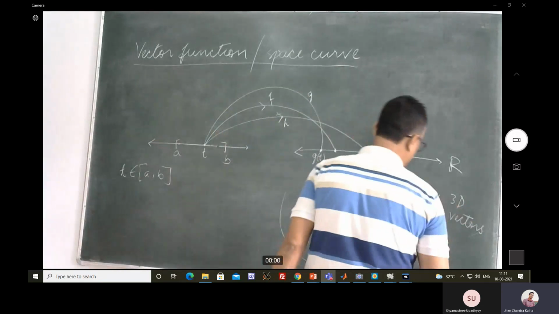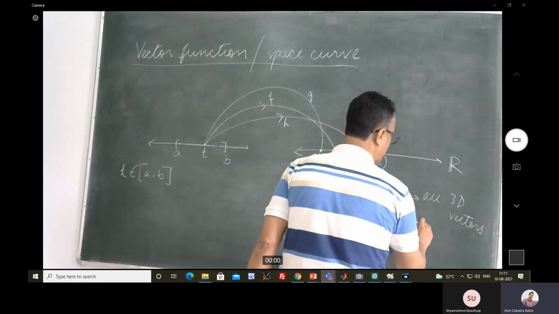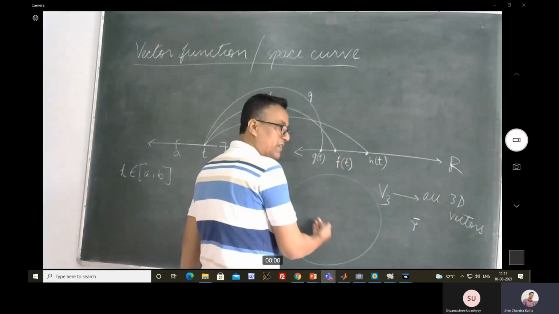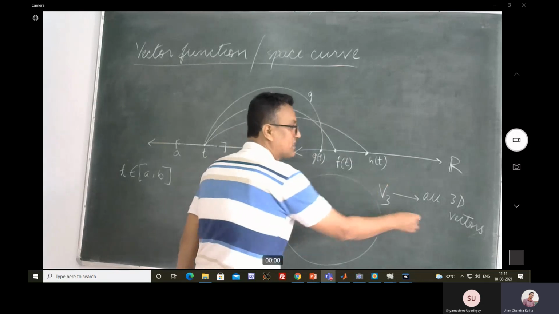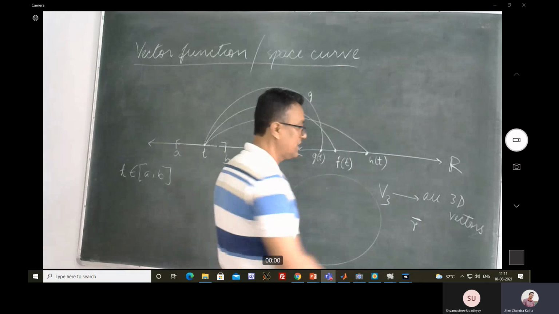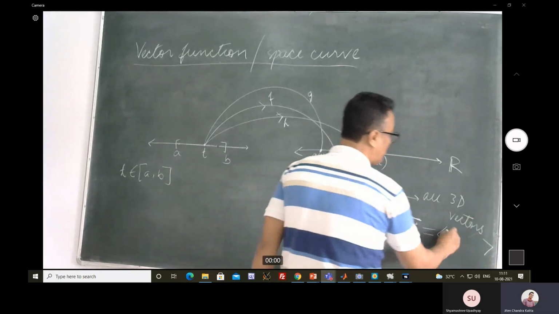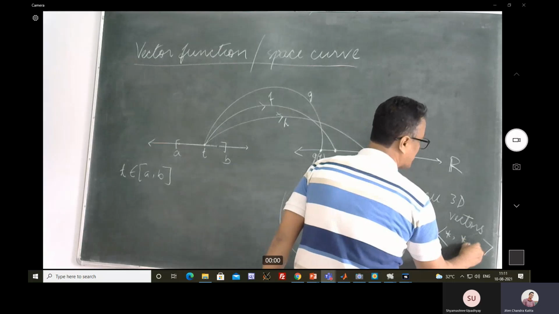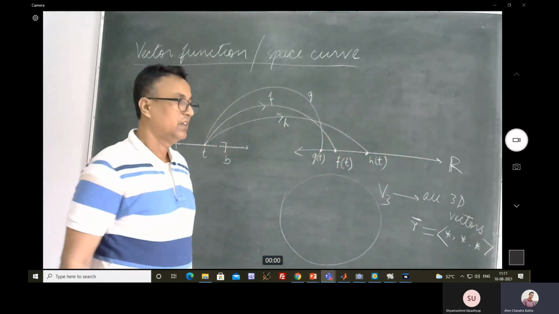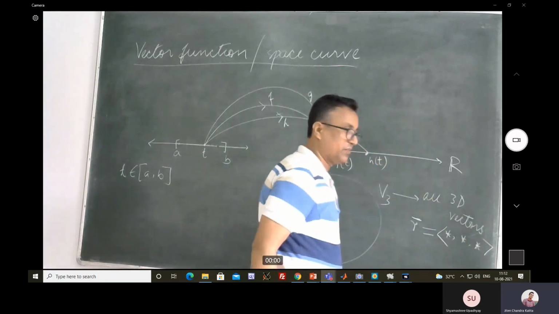If I designate a particular vector belonging to this set by r, this r is going to have three components.